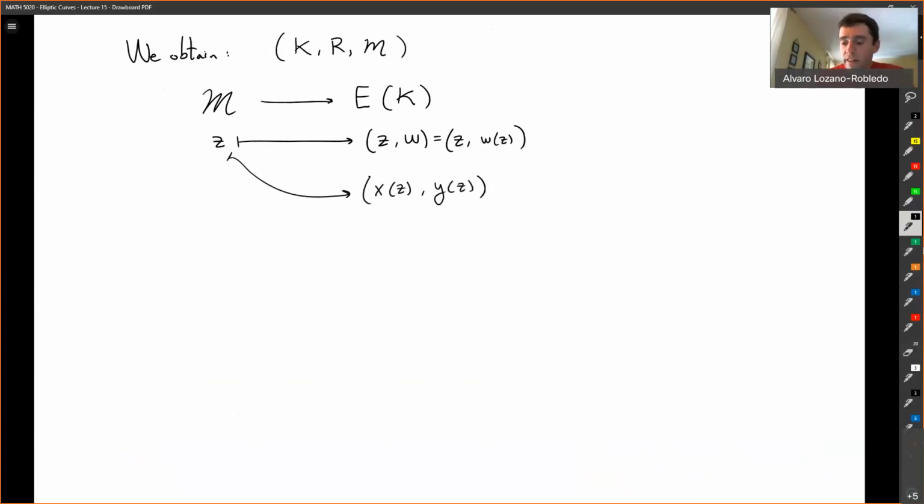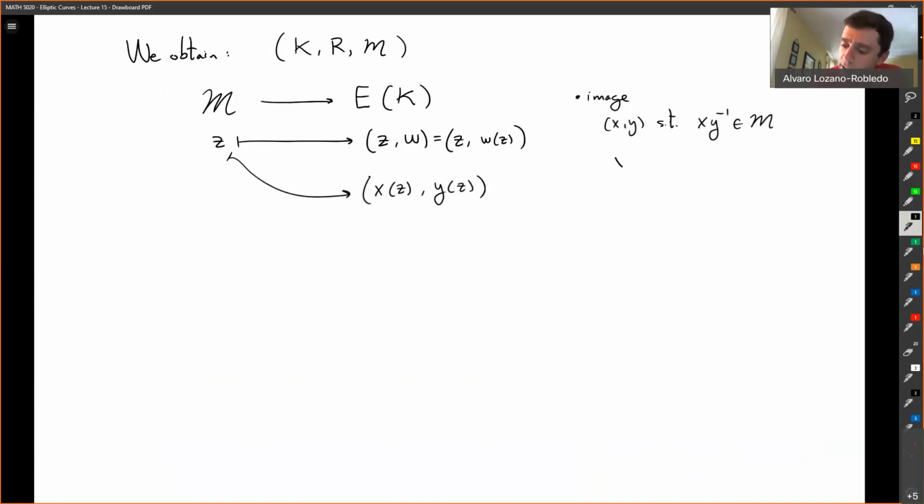What can we say? The image, by the way, is points X, Y such that X over Y is in the maximal ideal.